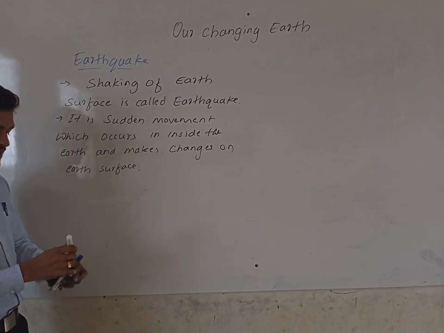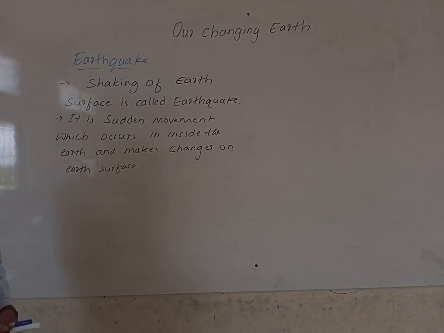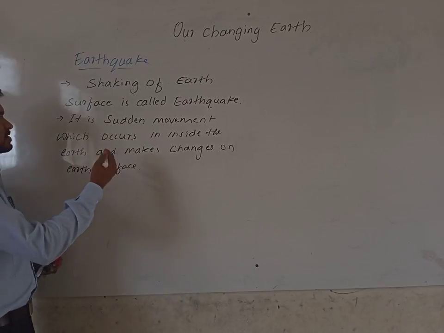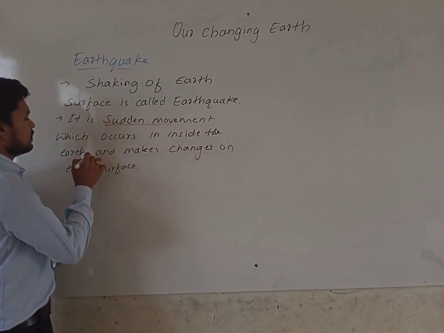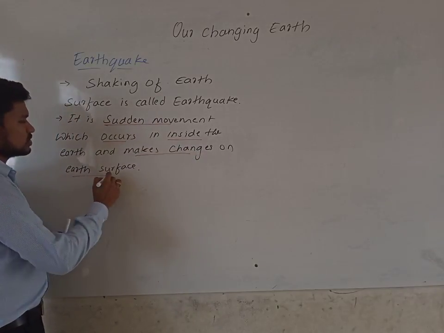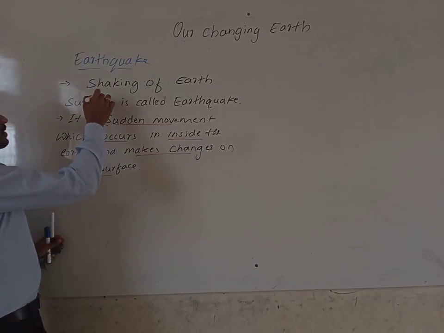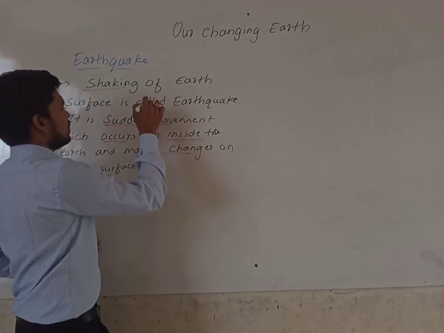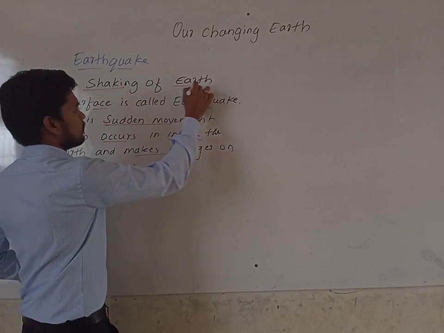This force originates inside the earth, but it causes large damages and changes. It's a sudden movement. It occurs inside the earth, but it makes changes outside on the earth's surface. Earthquake is nothing but shaking of the Earth's surface.